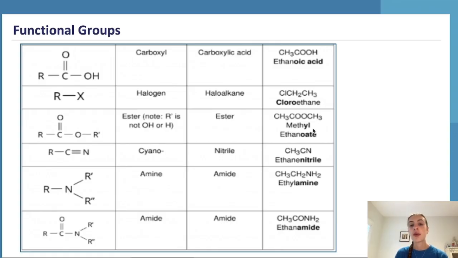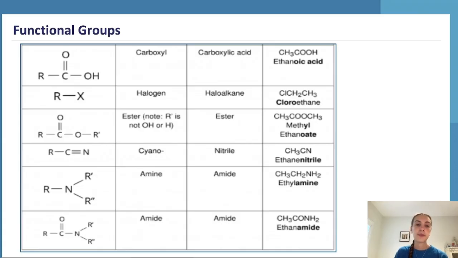Methyl is the part on the end here, one carbon, and ethanoate is the start of the molecule where we'd have a carbon here and a carbon here, so ethanoate being 2 carbons long.